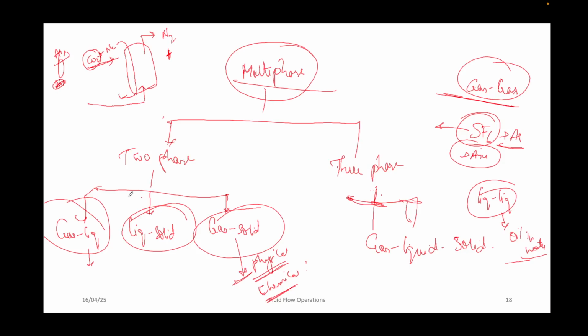So three-phase systems can be of different modes, that is gas, liquid, solid, gas, liquid, liquid, and solid, liquid, liquid. Okay.